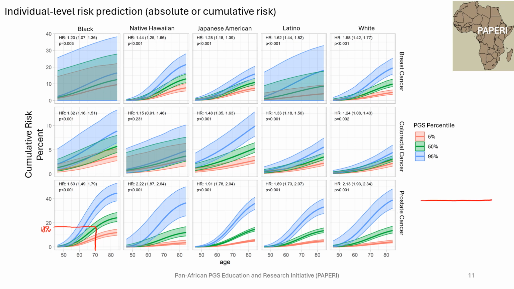Remember that the polygenic risk score distribution has a bell curve. So the 50th percentile is the average, and then in the upper tail here, we have the 95th percentile of the polygenic risk score distribution, that represents the blue lines.